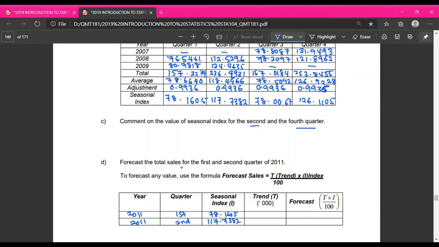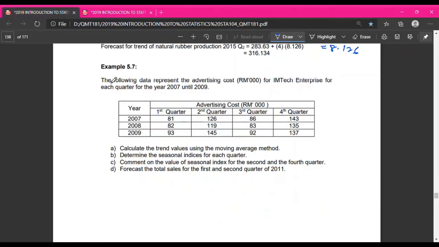Okay, so in order to forecast the, not sales, kat sini sepatutnya cost lah. To forecast the advertising cost is the formula trend darab dengan seasonal indices divide dengan 100. So kita dah ada seasonal indices for the first and second quarter. Next kena cari trend.